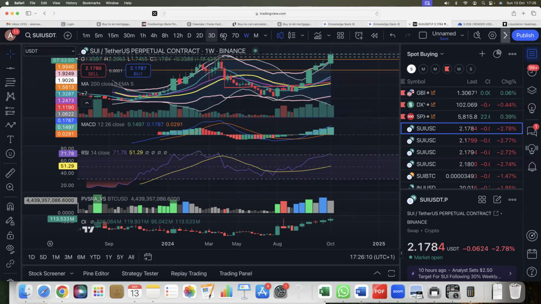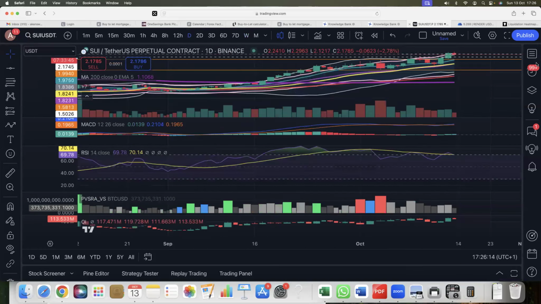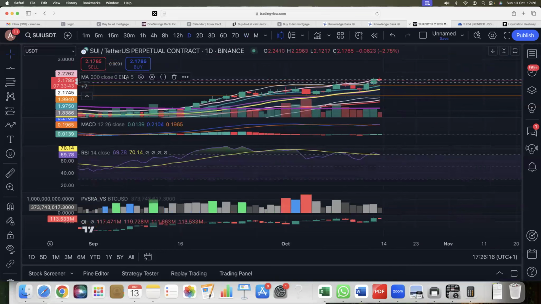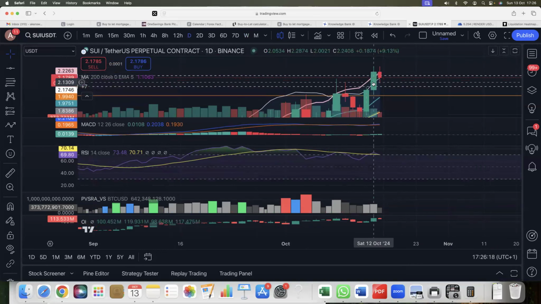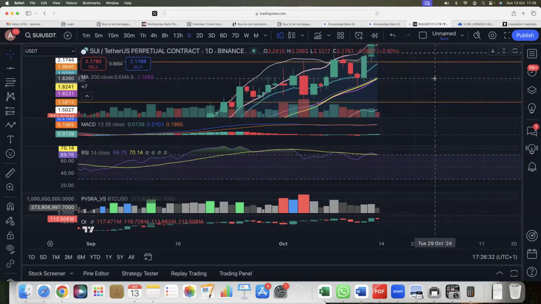If we look at it from a daily chart perspective, what you can see is we've already started falling. And I expect us to continue coming down. At the very least, 1.99, but I think realistically 182.